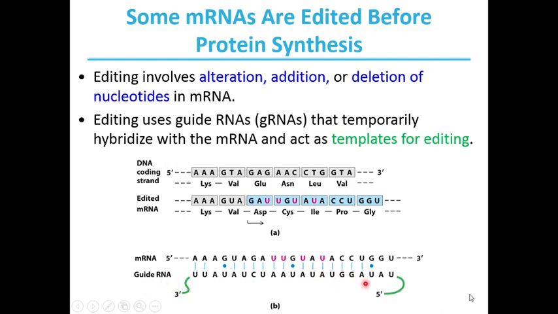And using this guide RNA, an enzyme inserts 4 uracils into this new mRNA that gets transcribed. This is an example of an editing process where nucleotides are added.